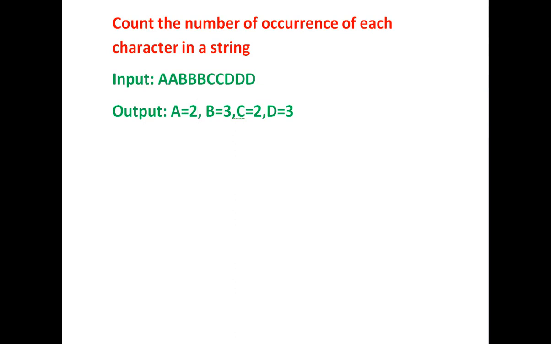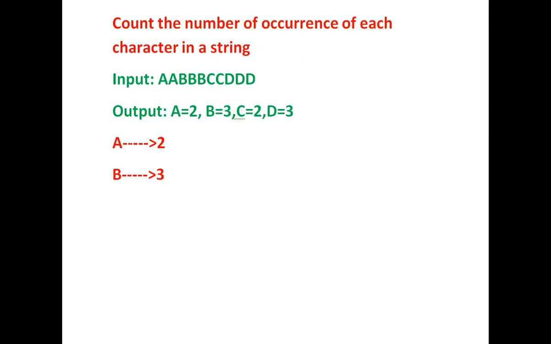Suppose you can say A, we can have a mapping of A with 2, and for B it's 3.